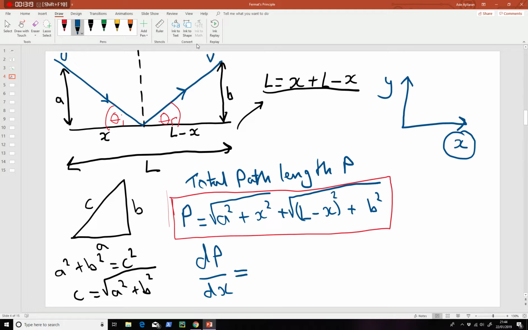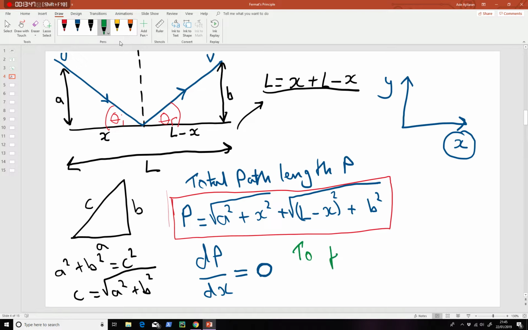So we want to find the rate of change of the path of light, and because Fermat's principle of least time says that light will travel the shortest distance in the least amount of time, we want this rate of change to equal 0. And we want it to equal 0 because whenever you set a rate of change equal to 0, you are finding what is called a minimum or maximum point.